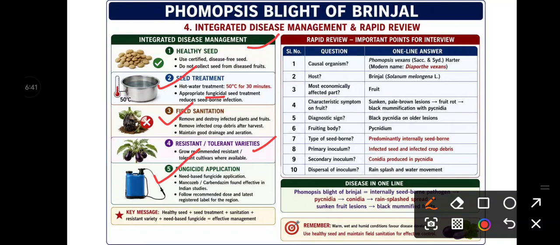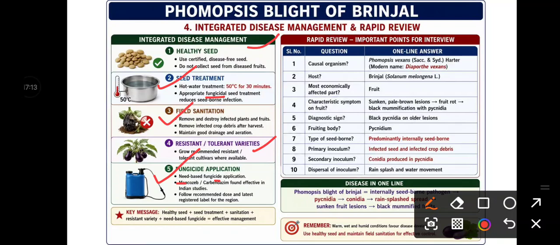Need-based fungicide application like mancozeb, carbendazim, following the recommended dose and the latest registered label for the region. Remember this: for most foliar pathogens, we can use mancozeb and carbendazim. These are common fungicides we can use. But the most important thing is the seed and the management of the crop debris.